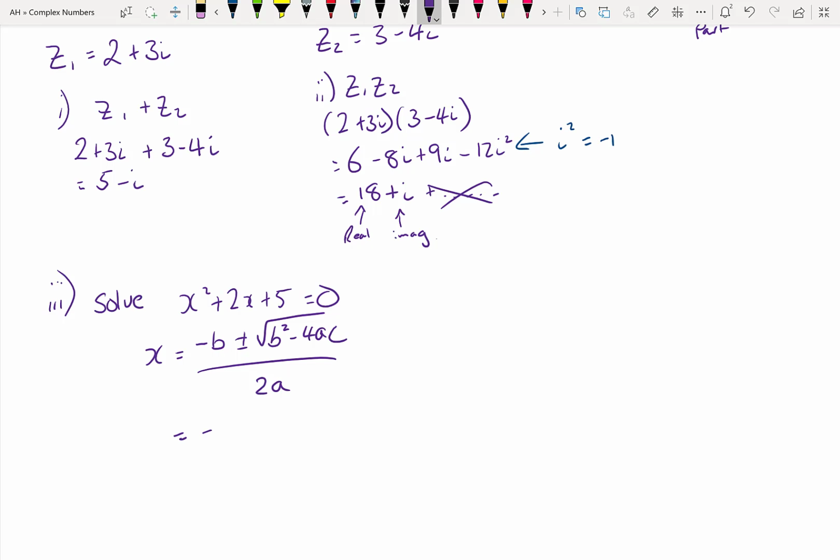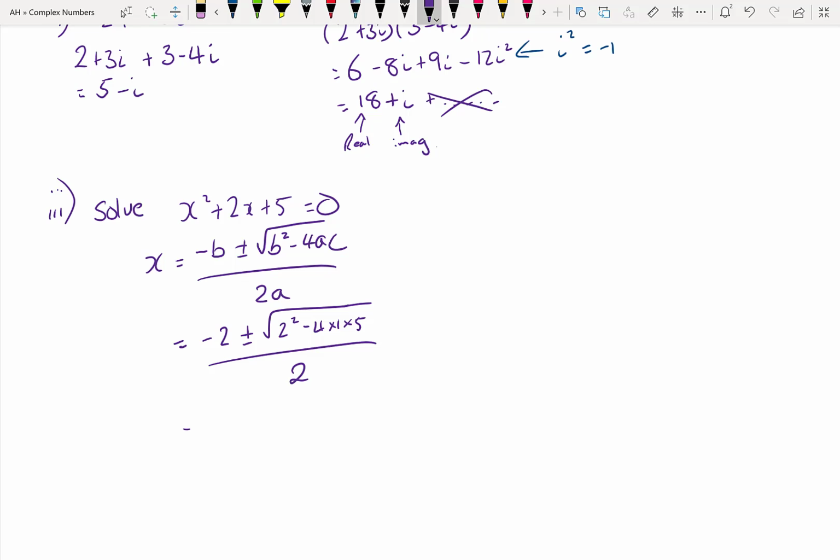Put your numbers in, you're going to get minus 2 plus or minus the square root of 2 squared minus 4 times 1 times 5 all over 2. Tidying that up, you get minus 2 plus or minus the square root of minus 16 over 2.